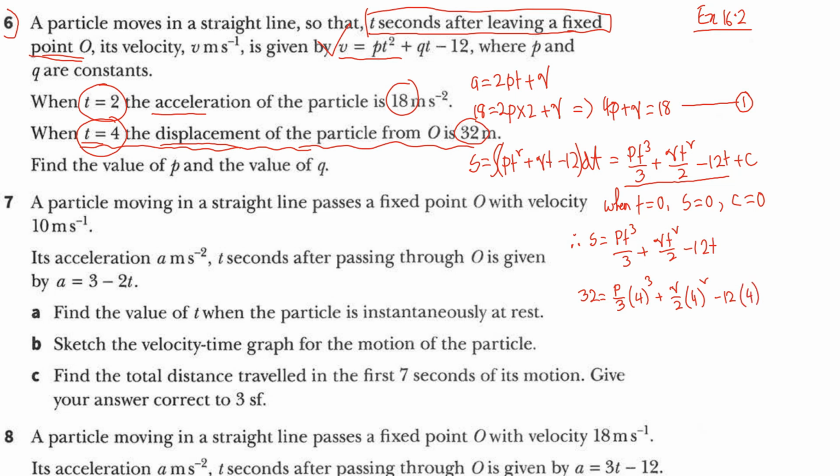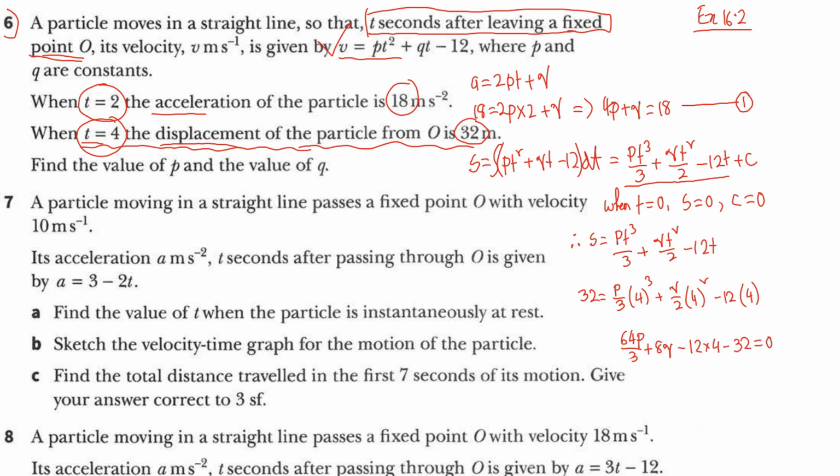So let us simplify that expression. We can write here 64p by 3 plus 8q minus 12 into 4 minus 32 equals 0.